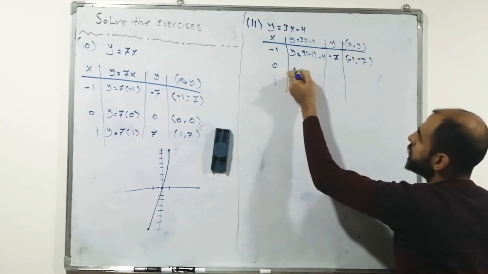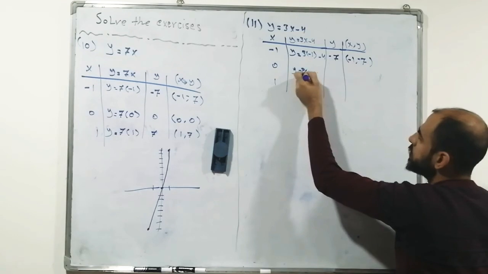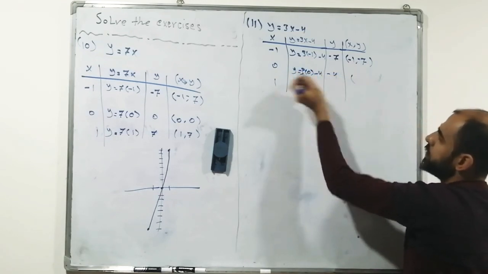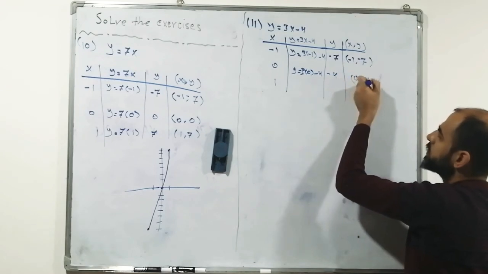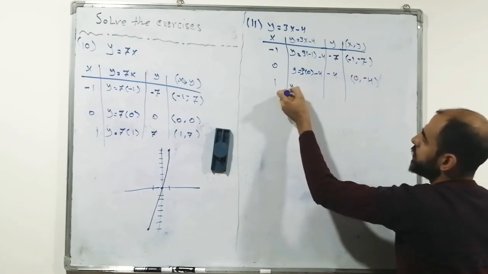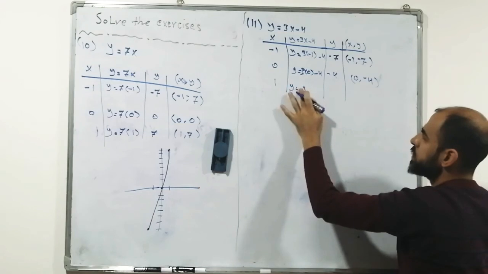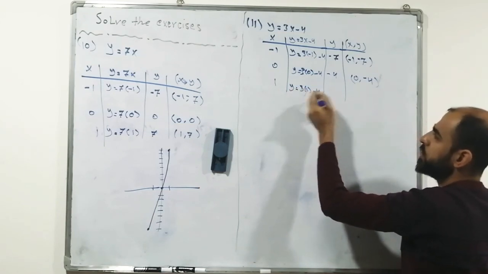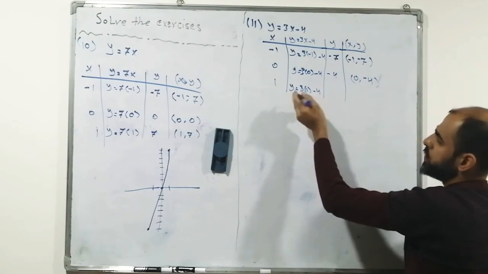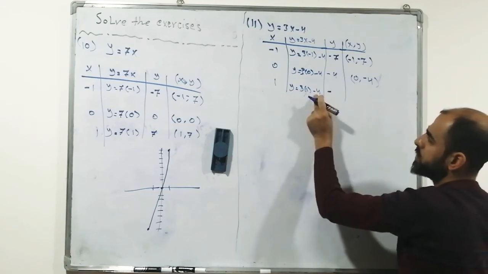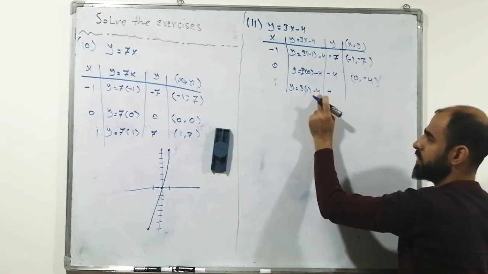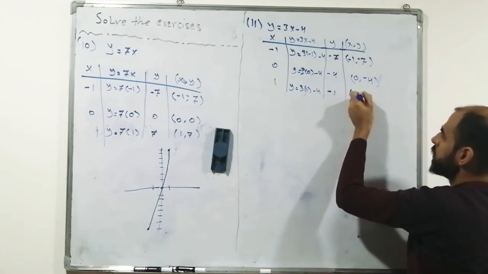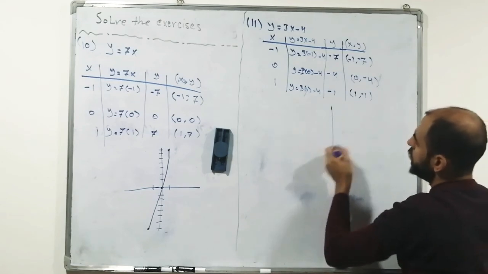And y equals 3 by 0 minus 4. 3 by 0 is 0, minus 4 is -4. The second ordered pair is (0, -4). The third point is 3 by 1 minus 4. 3 by 1 is 3, minus 4. We have two numbers with different signs, so we take the sign of the bigger number, which is negative, and subtract: 4 minus 3 equals 1. The ordered pair will be (1, -1).